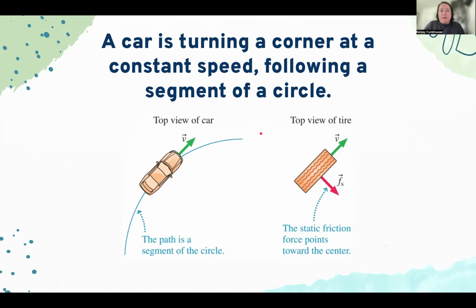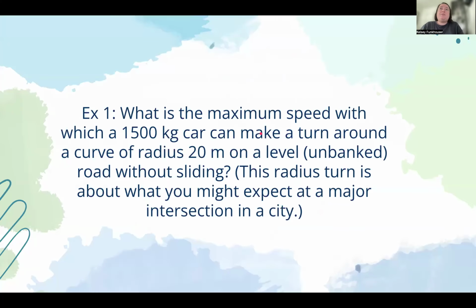So we're going to do a couple examples where we look at cars making turns. But I do want to also mention before we jump into that, this isn't just true for cars turning. If a car is going over a hill or down in a valley, that is also a portion of circular motion.